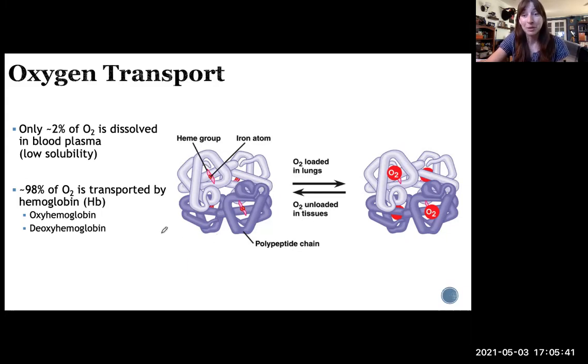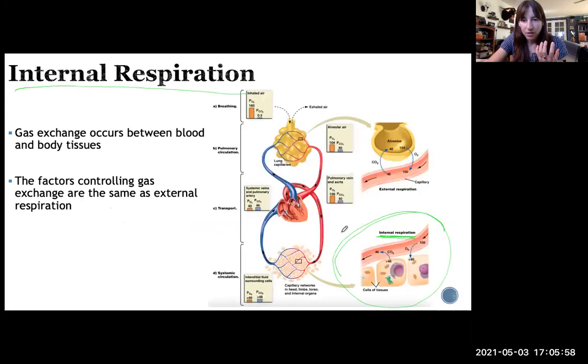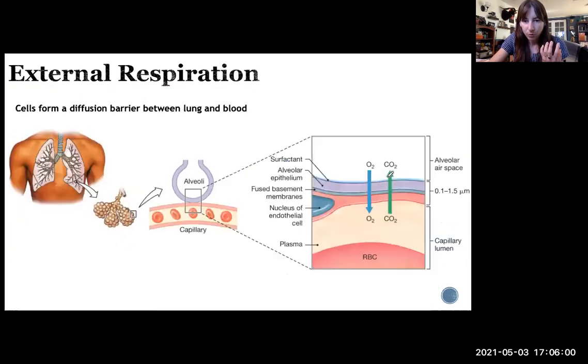But it's extremely important, I know that, because about 98% of the oxygen that reaches your tissues has to get there with the help of hemoglobin. So hemoglobin is the protein that is found in your red blood cells, right? So, do I have this red blood cell right here?